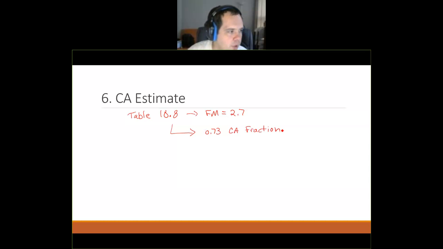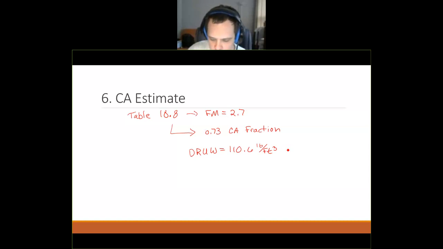Okay, and when I have my coarse aggregate fraction, now I'm going to use my dry rodded unit weight, which I stated earlier in the earlier slide, of 110.6, and that's also pounds per cubic foot. I'm going to keep my units nice and consistent.